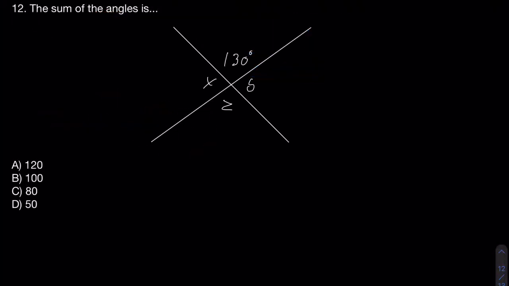Alright, so question 12 is saying the sum of these angles is what? It's interesting because it doesn't specify which angles, but it just means those two angles. So X plus Y is what?